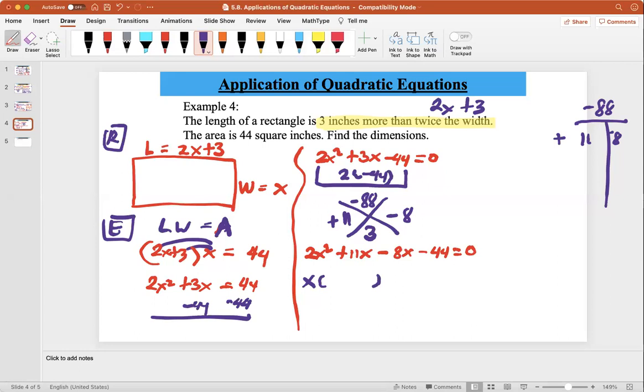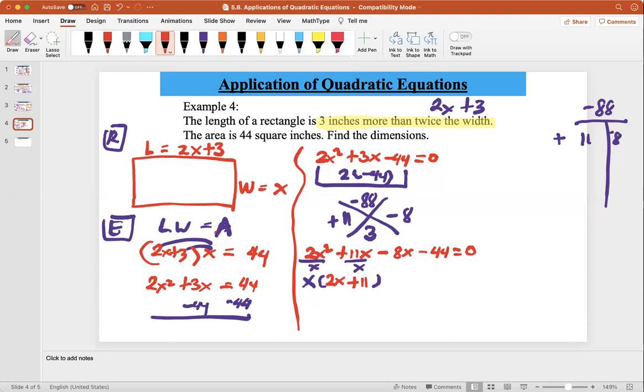And we divide to get the factor inside. 2x squared divided by x is 2x, and 11x divided by x is 11.